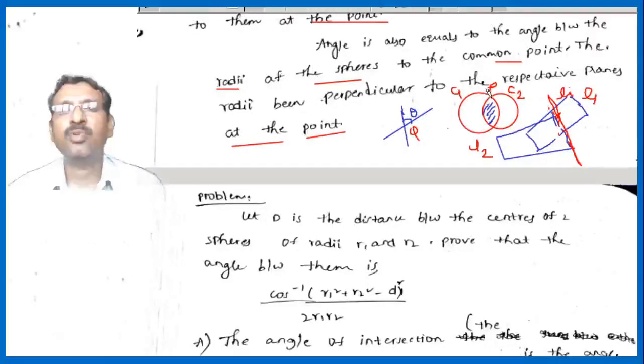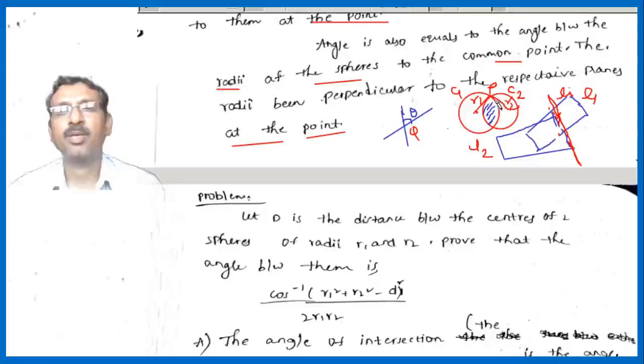If we take the radii of the two spheres through P, measuring the line segments of radius from the center to P, which lies on both spheres, radius R1 and R2 through P, then the angle between the two lines R1 and R2 is also the angle between the two spheres.